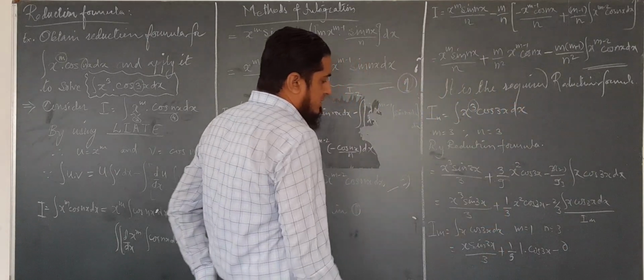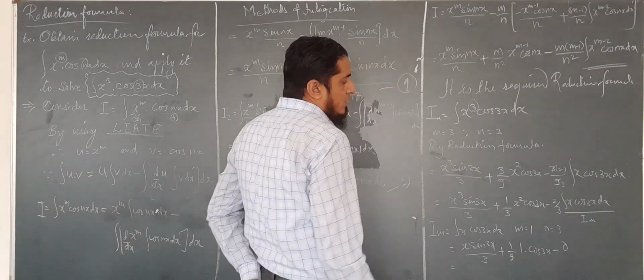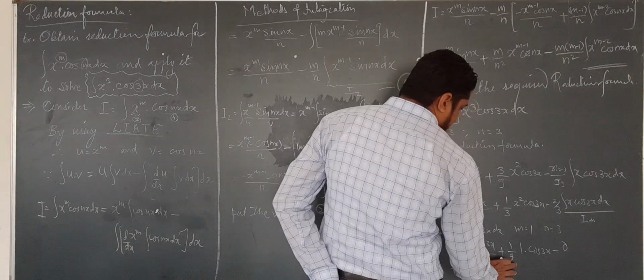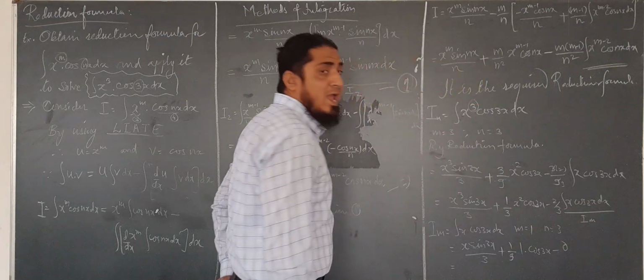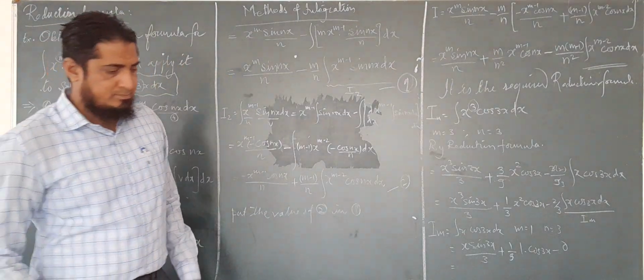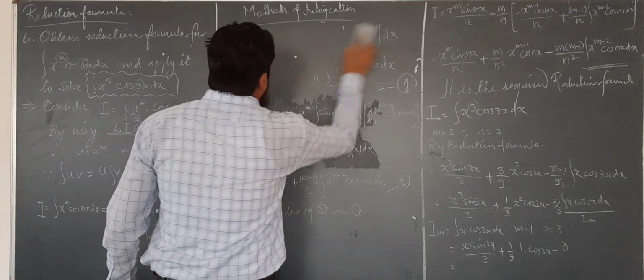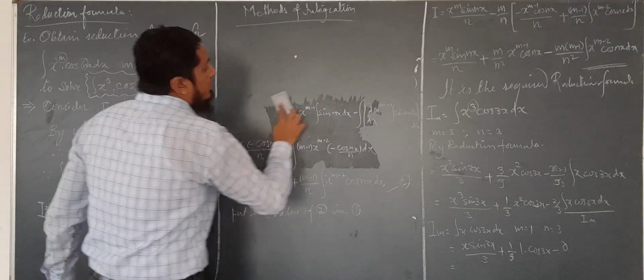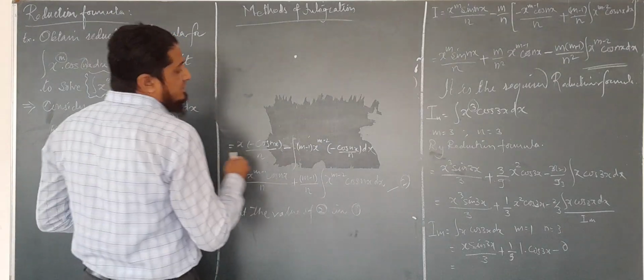So we can write this value at the place of Im, and we will get the required result of integration of x cube cos 3x dx.